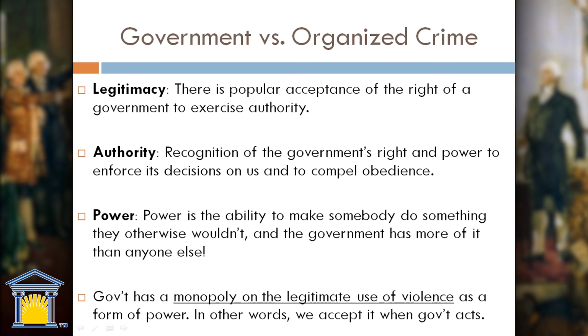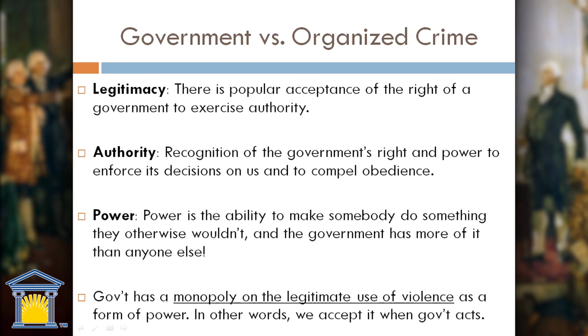In a given society, the government tends to have more popular acceptance of its right to exercise authority than any other group or organization. And this is true even outside of democracies. It's not always the case, but as a general rule, governments have more legitimacy than any other actors in their society.